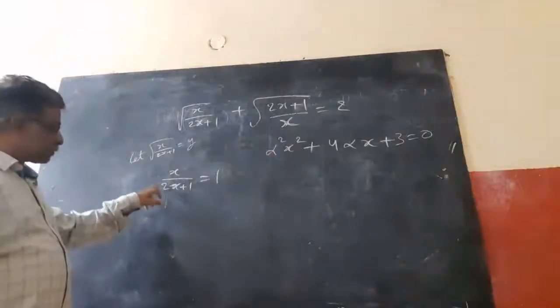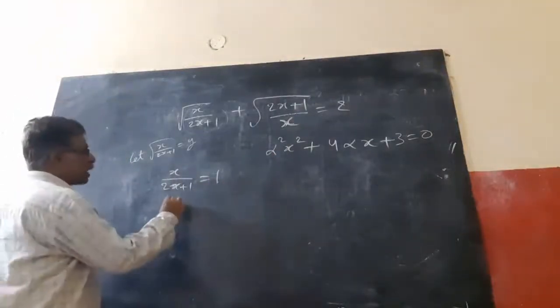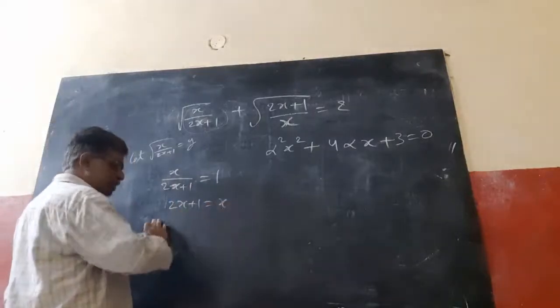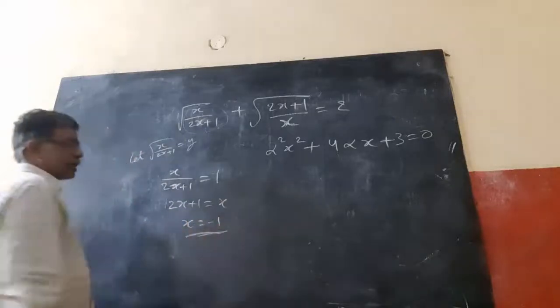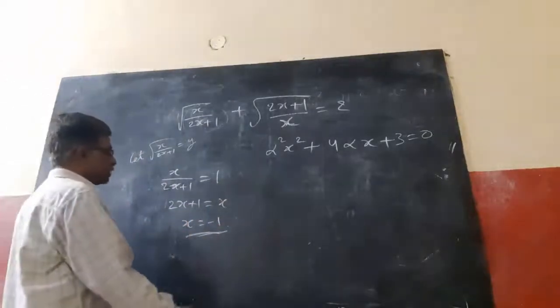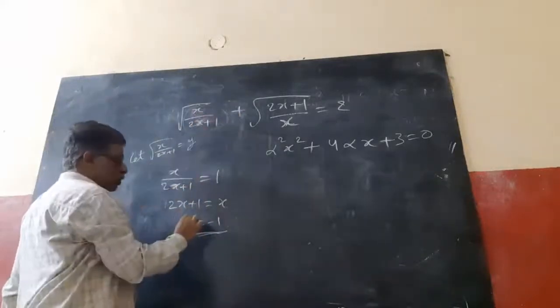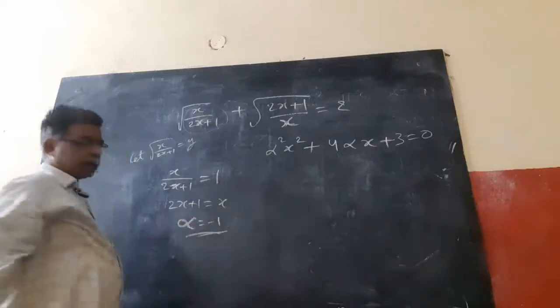So I have taken x by 2x plus 1 is equal to 1. If I cross multiply, 2x plus 1 equal to x. x to this side, plus 1 to that side. So x equal to minus 1. Now alpha satisfies this means x is equal to alpha only, so I can say alpha equal to minus 1.